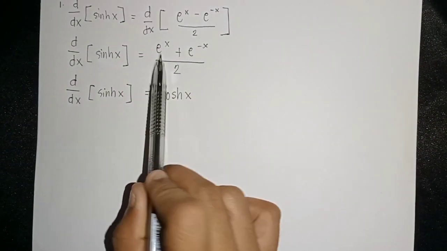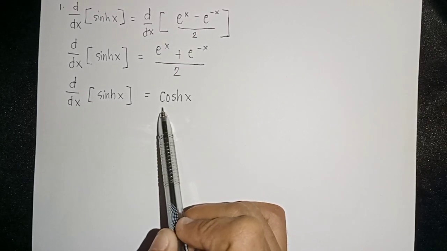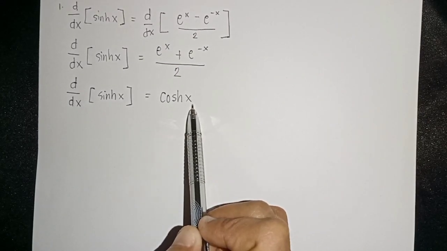So, e raised to x plus e raised to negative x all over 2 is equal to hyperbolic cosine x.